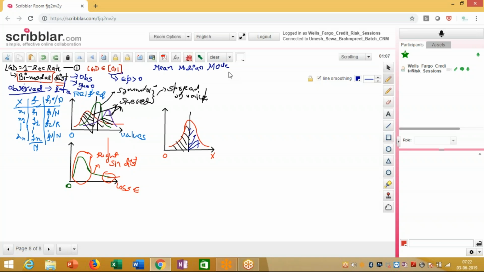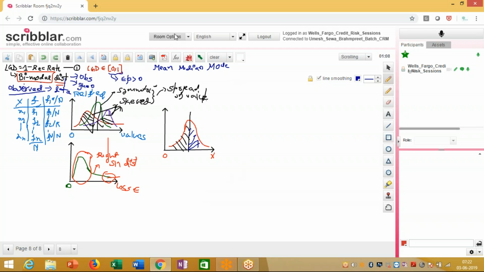By comparing the values of the mean, median, and mode, you can identify whether a distribution is skewed or symmetric. If it is skewed, what is the type of skewness? Is it positively skewed or negatively skewed? By comparing these three figures, we can check that.